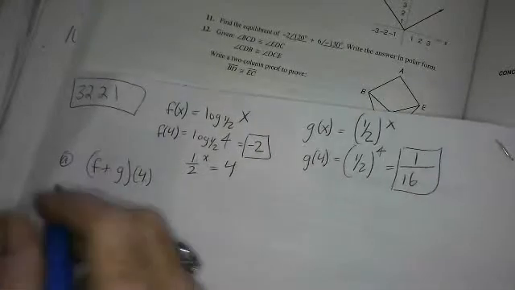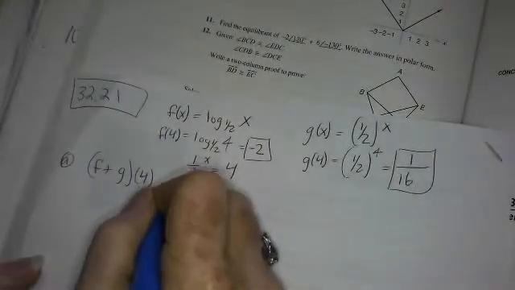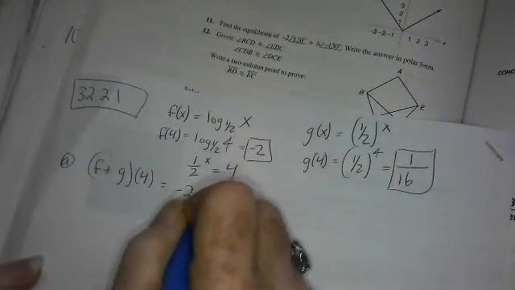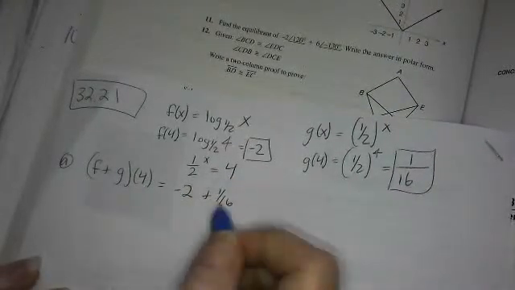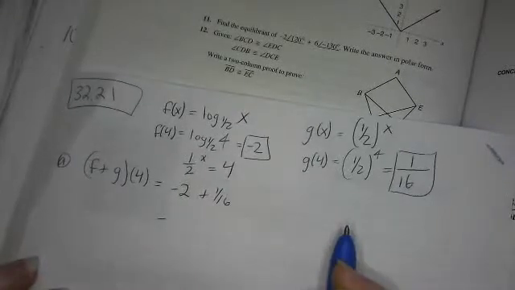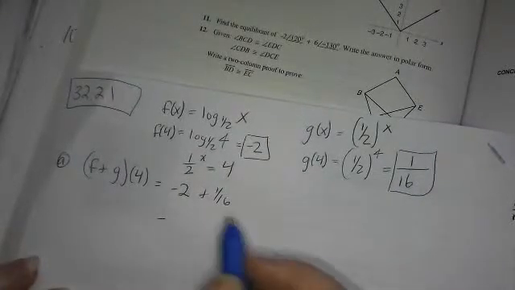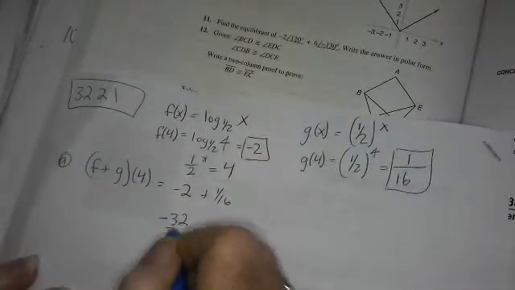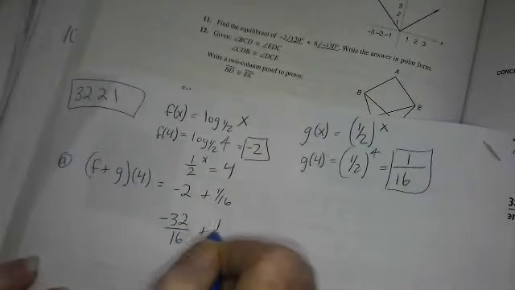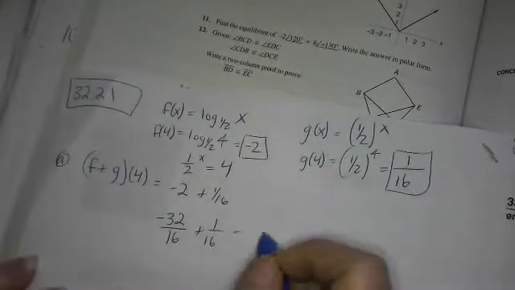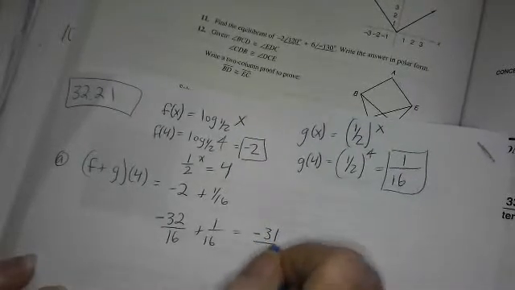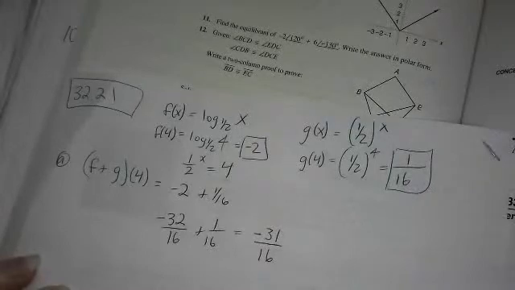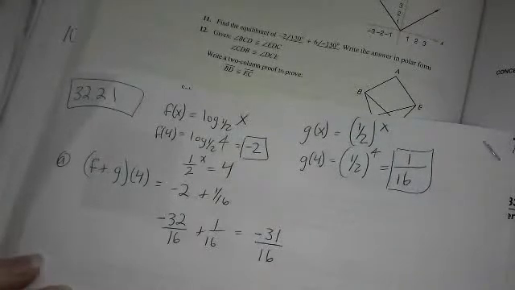So this is going to be -2 plus 1/16. This can be written as -32/16 plus 1/16. That would be -31/16. I guess I should check that. Yep, that's right.